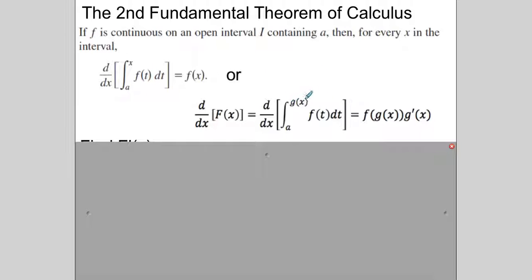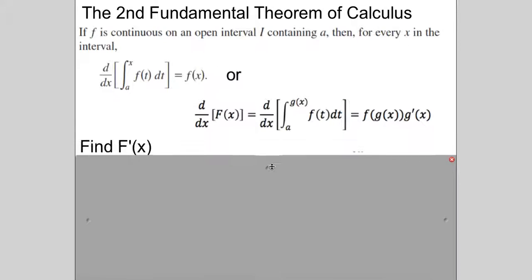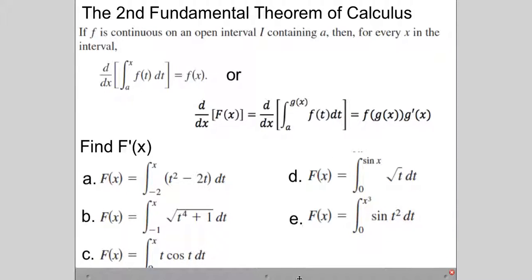If instead this upper limit is a function of x, then we're going to do the same exact thing. We're going to plug in g of x, whatever that function was, in for t, but then we need to multiply by the derivative. And again, this is coming from the chain rule. And so let's look at some examples of that.